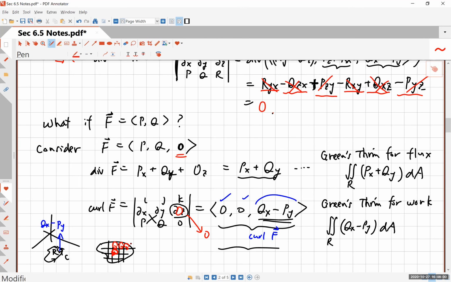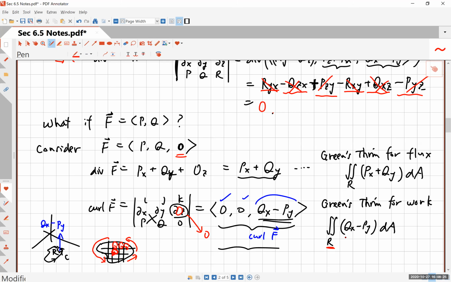If you integrate it on this region R, every internal edge gets canceled, and the only thing that's left is the work around the outer boundary, which is the curve C. That is used as the rough proof of Green's theorem.